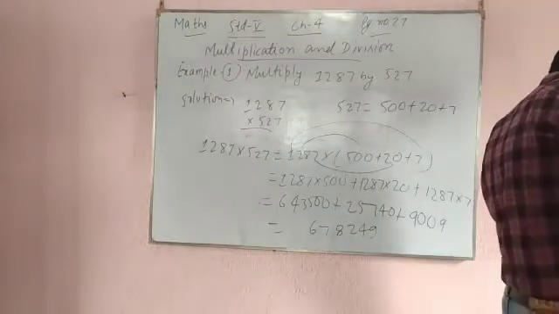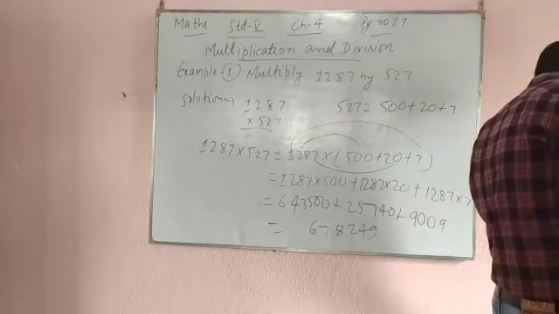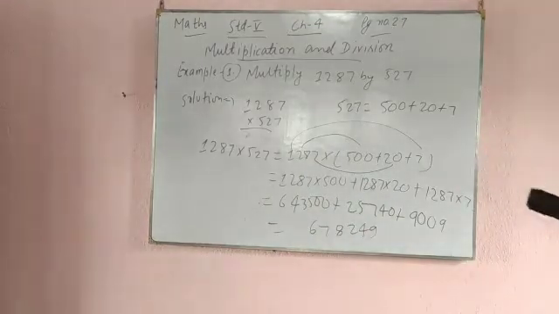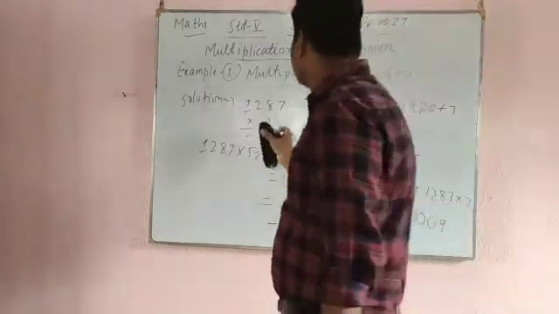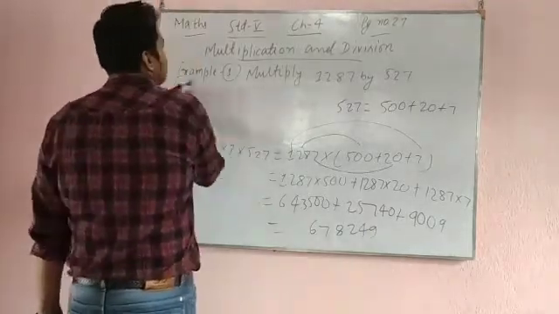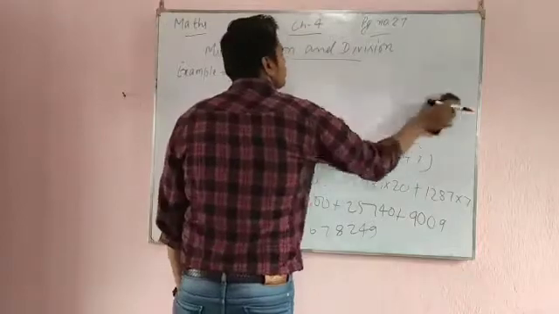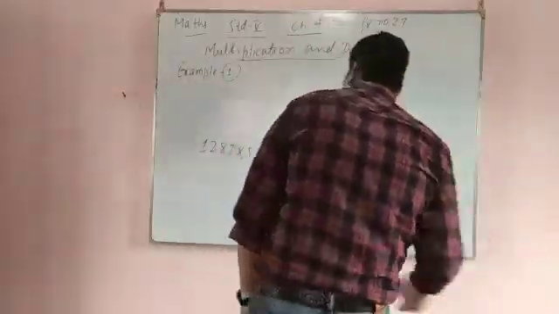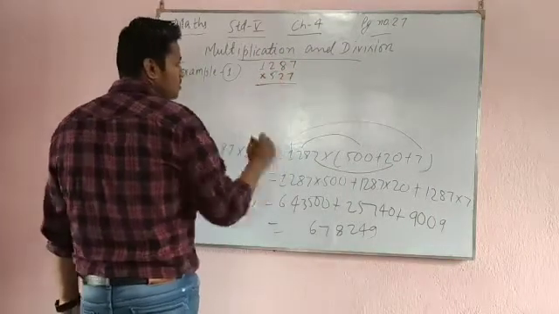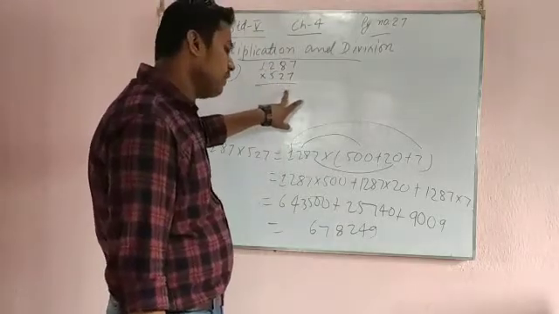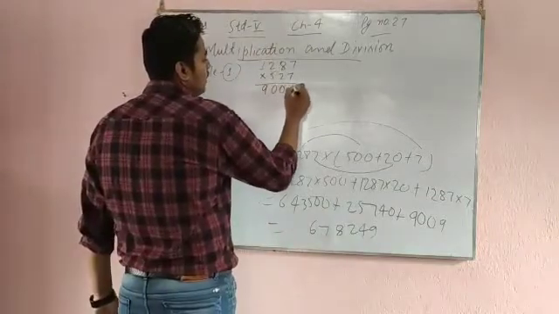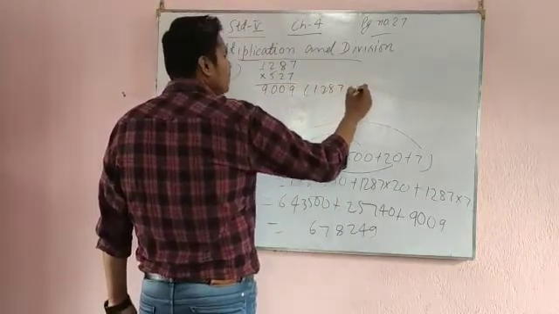Now I am going to explain the other method. I need some space, so I am making some space. See, 1287 multiplied by 527. First, 1287 multiplied with 7, you get 9009.